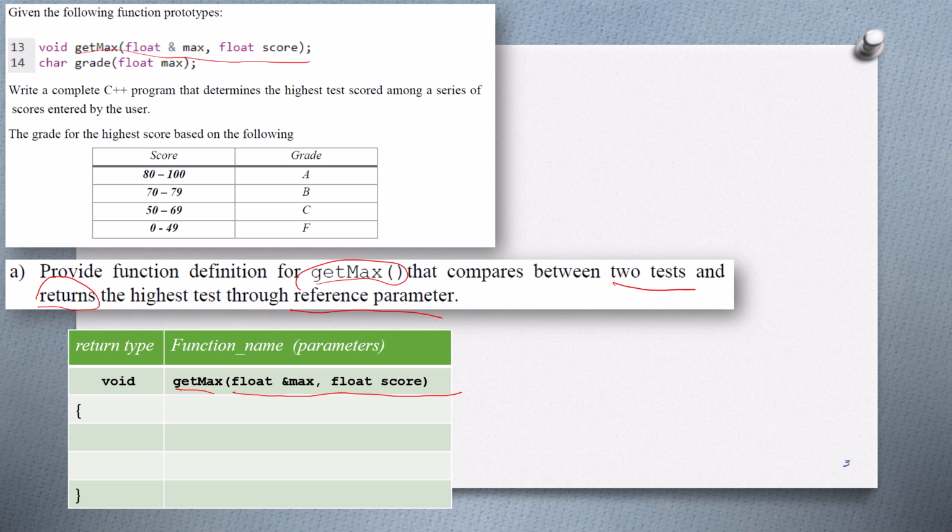Because the returns here, even though it is a keyword return, asks you to return through reference parameter, not through the return type. So in this case there is no return here, meaning it returns the value through the parameters, but not through the return type. That is why the type is void and you cannot use the return keyword here.